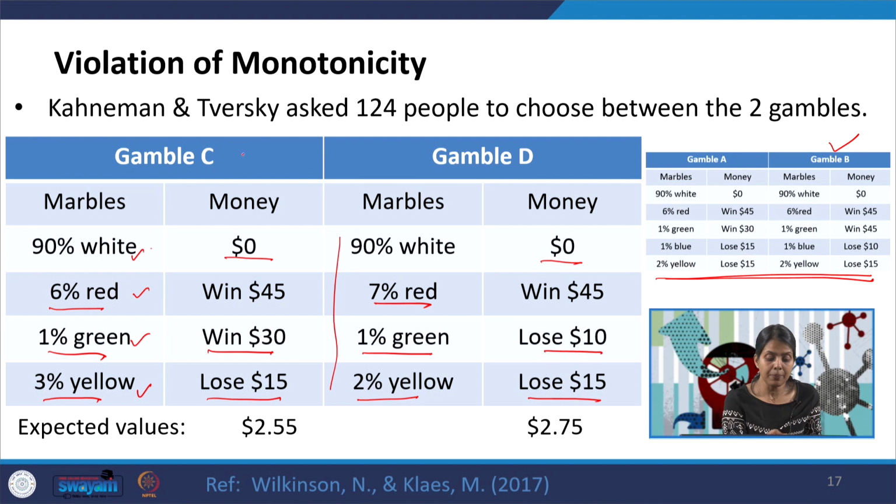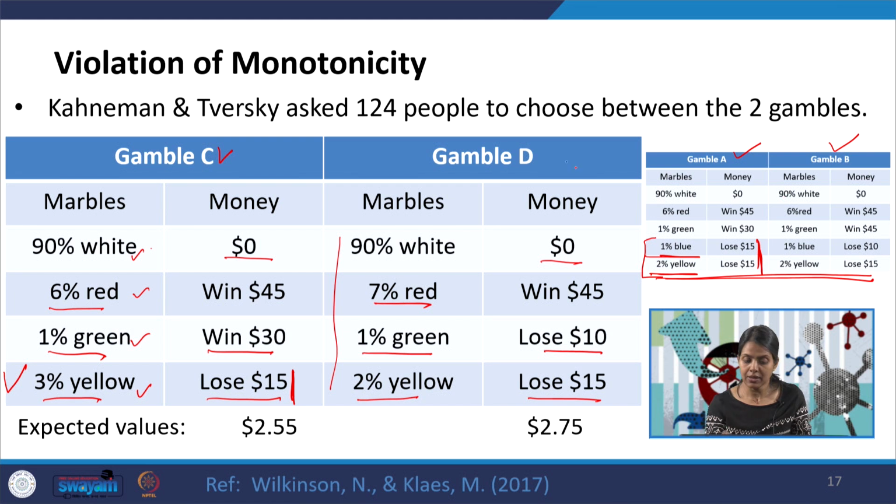Now, if I compare gamble C with gamble A, then you will see that here the 1% blue ball is merged with 2% yellow. This 1% blue and 2% yellow are merged to arrive at 3% yellow. So, in both cases we were losing $15.